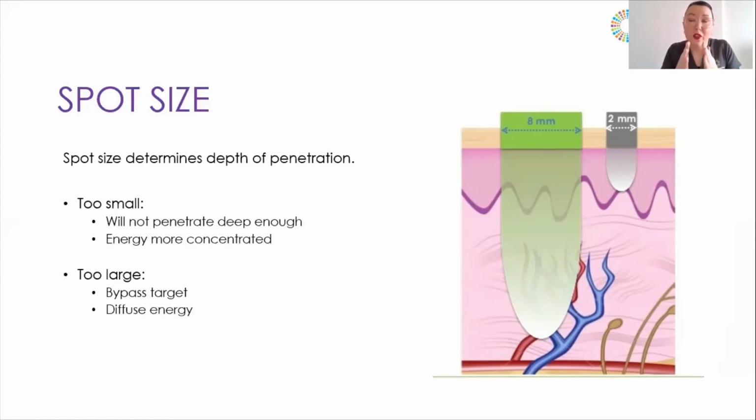And it's got a very, very small spot size, which again isn't going to allow for a lot of scatter, not a lot of diffusing. It's going to be very superficial. So nowadays, a ruby is actually used for removal of freckles or pigmentation, because again, that wavelength dictates that depth and its spot size is very small, which complements that. So depending on what you're treating will depend on what spot size you would like to use.